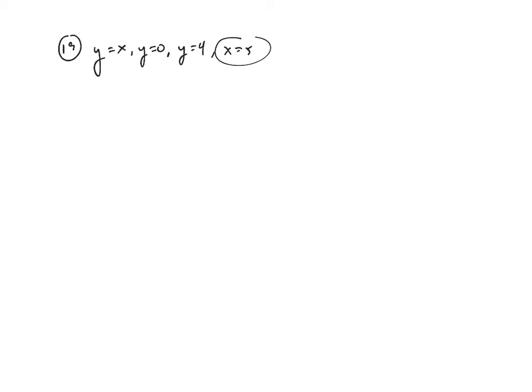All right, so first let's get a handle on what this looks like. It seems that we're going to only be in the first quadrant, so that's all I'm going to draw. y equals x is our nice diagonal. y equals 0 is the x-axis, and then we've got y equals 4.